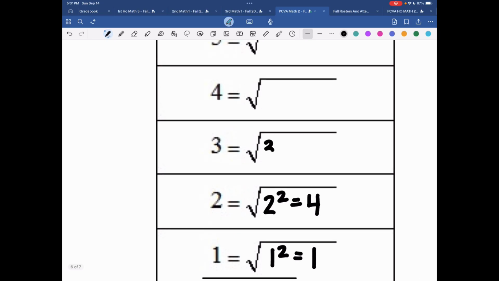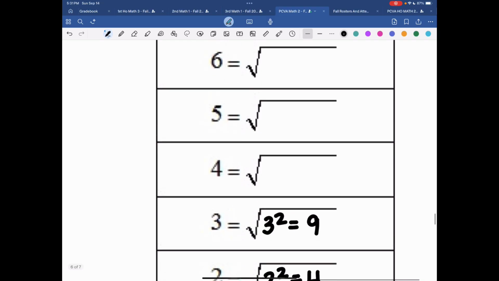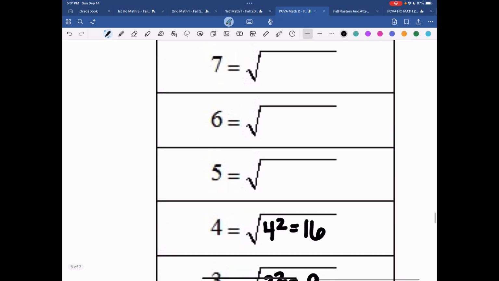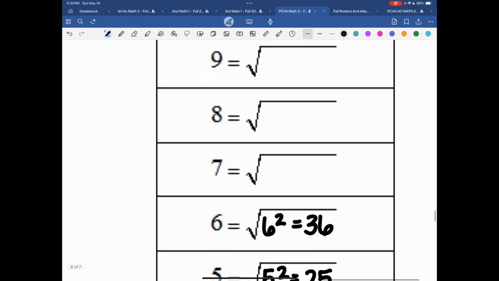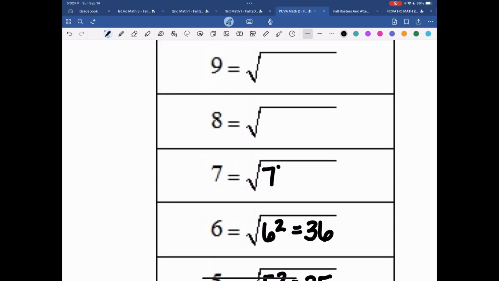We have 3 squared. 3 squared is 9, so the square root of 9 is 3. 4 squared is 16, so the square root of 16 is 4. 5 squared is 25, and we're going to take the square root of 25 and get 5. Then we got 6 squared, that's 36. So if we take the square root of 36, that's 6. 7 squared is 49.